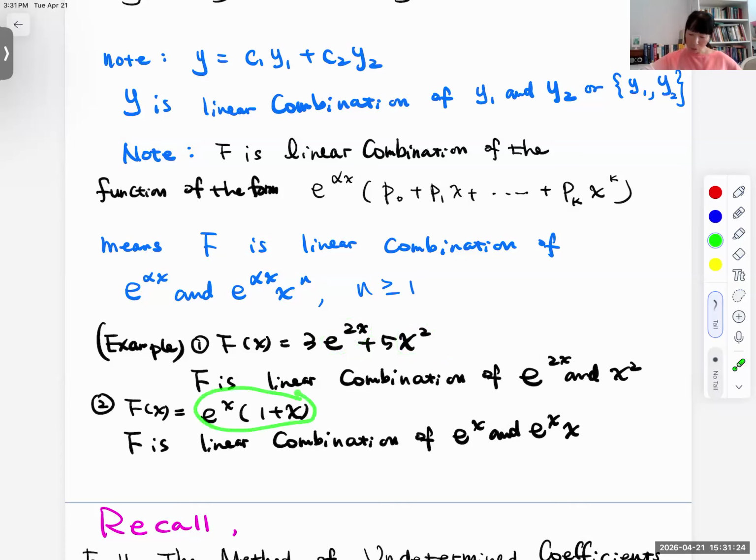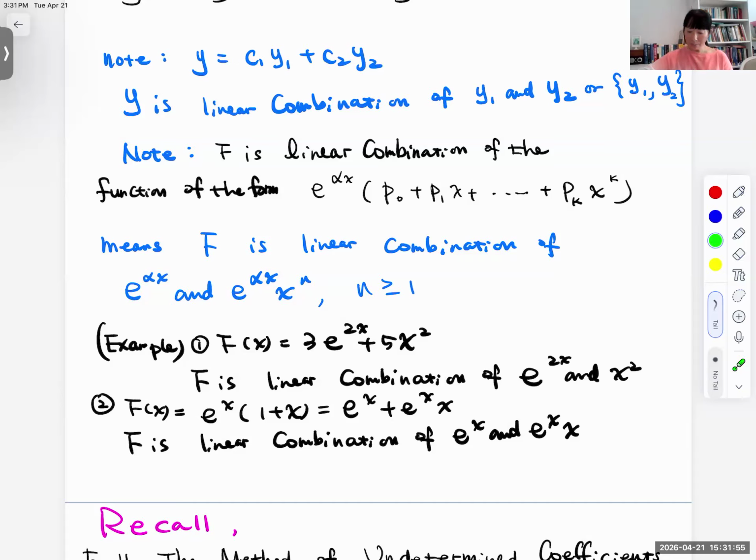If we have a similar form, we can distribute and express it as a sum of terms, so f is a linear combination of e to the x and e to the x times x. Okay, we understand the equation, right?